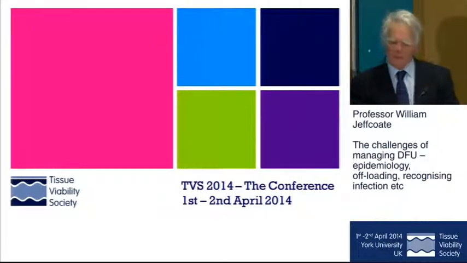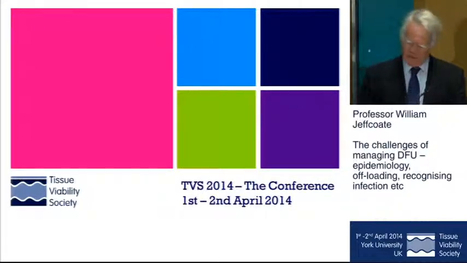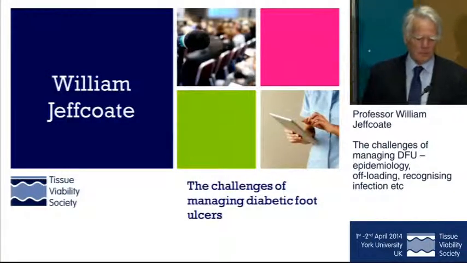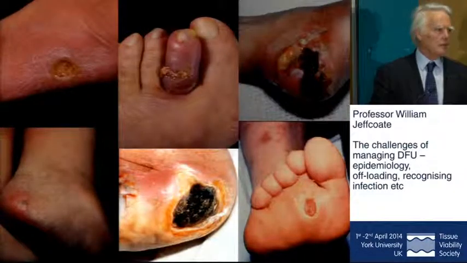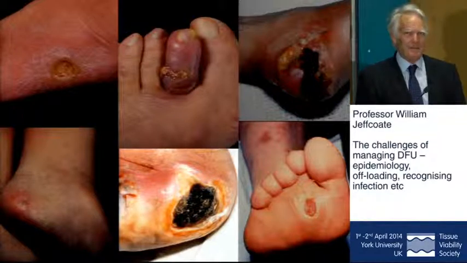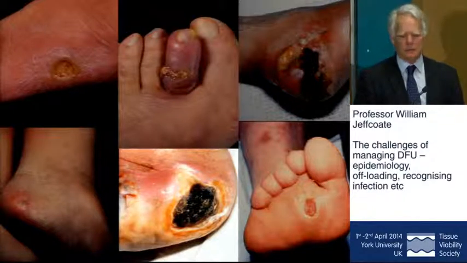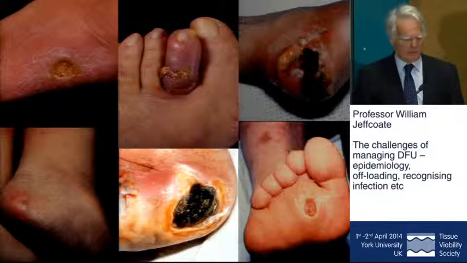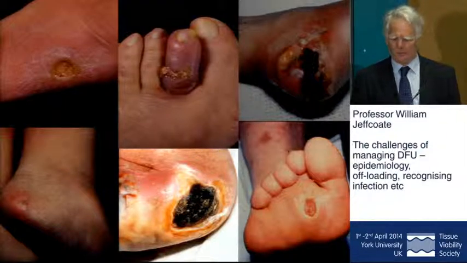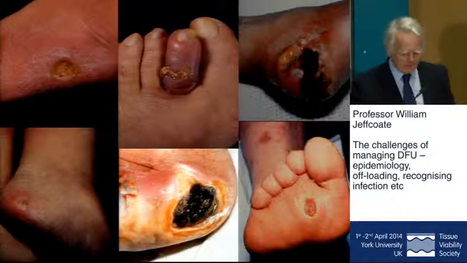Really, really good. So, if I move myself on, I'm supposed to be talking about diabetic foot ulcers, giving an overview, I think, but it's more like an underview in such a downtrodden bit of medicine. There are an awful lot of different sorts of ulcers, as you know full well.